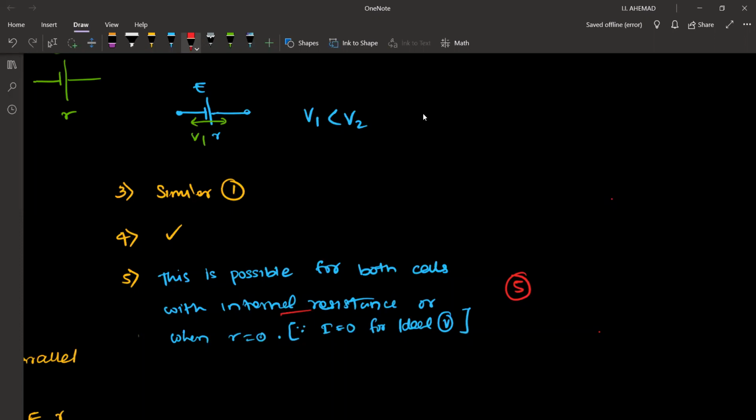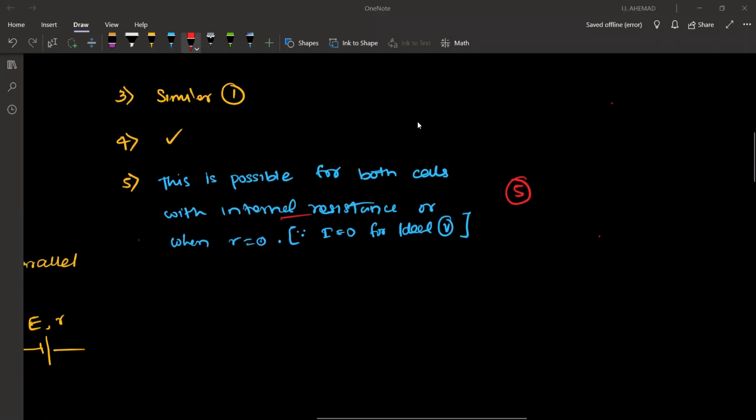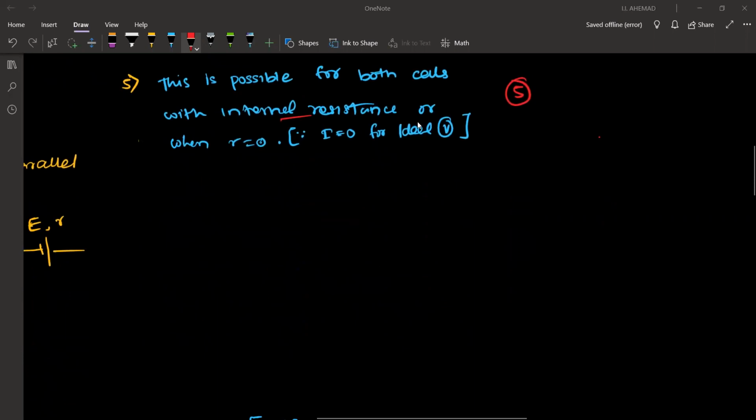I will clear the statement 5 and the question 8. If you are clear, can you raise your hand? Shahama, clear with question 8?